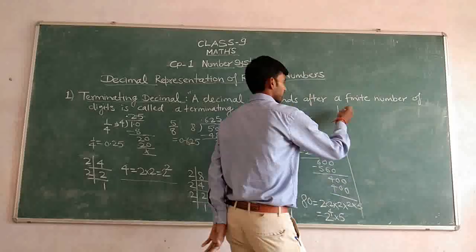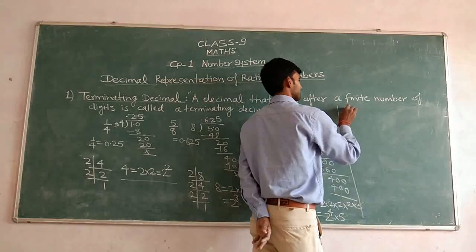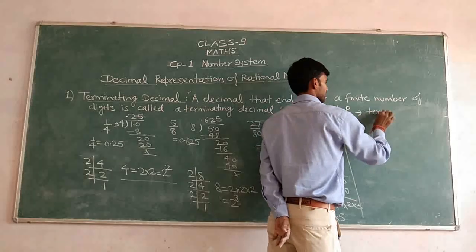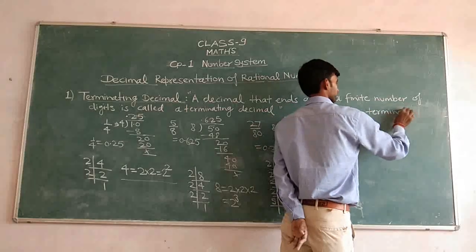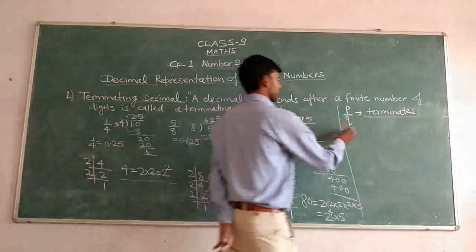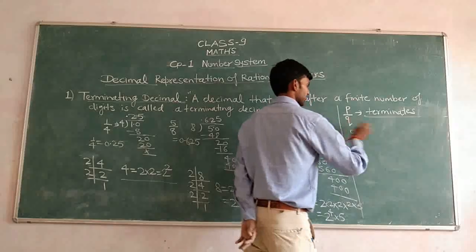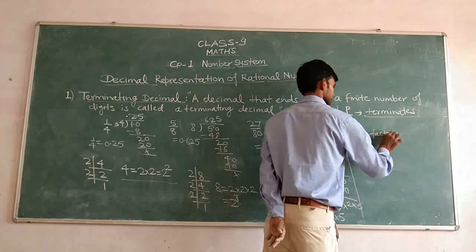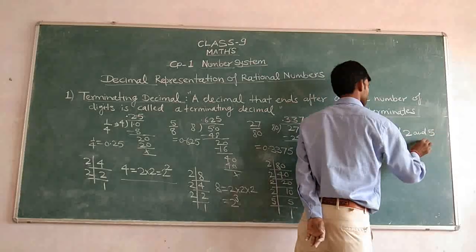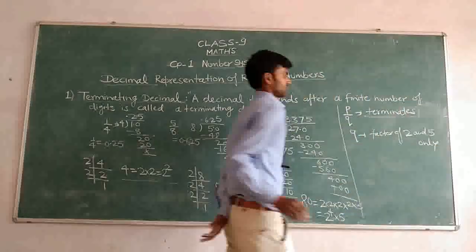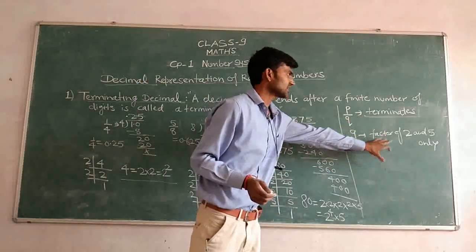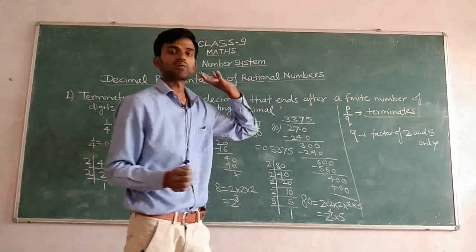Note down. A rational number p by q terminates only when q has factors of 2 and 5 only. If your denominator has a factor other than 2 and 5, it never terminates.